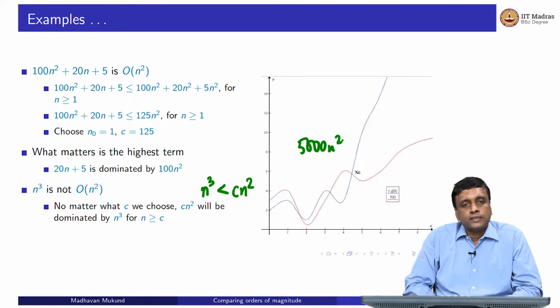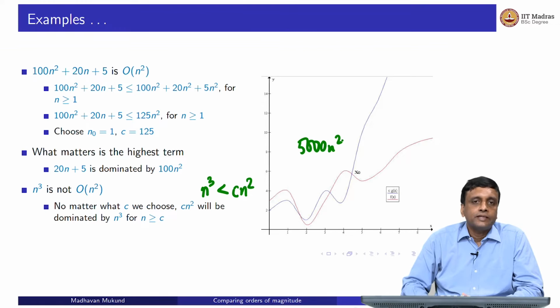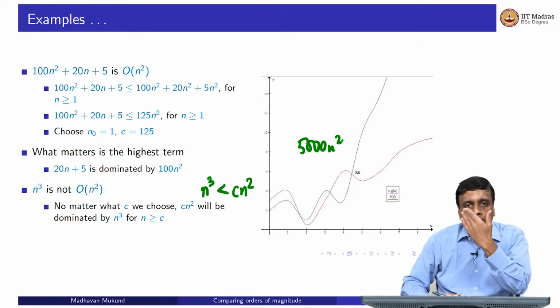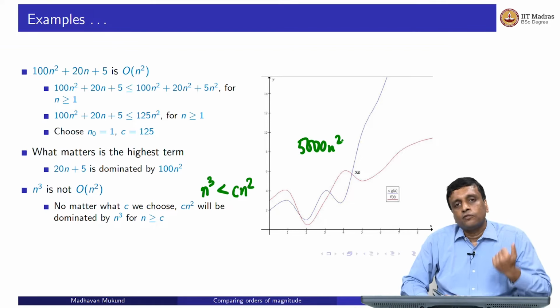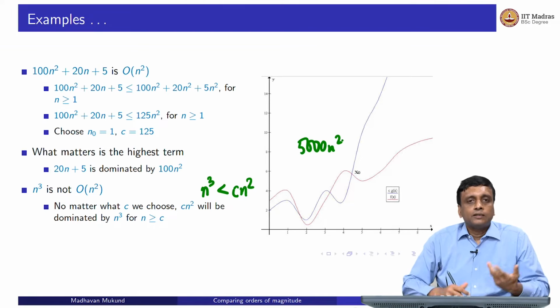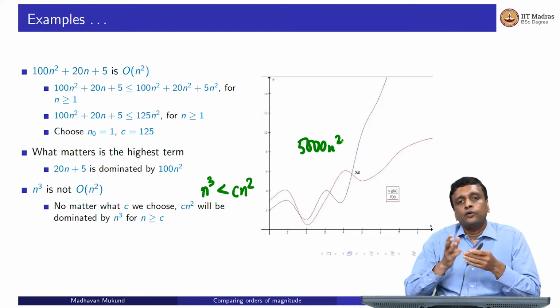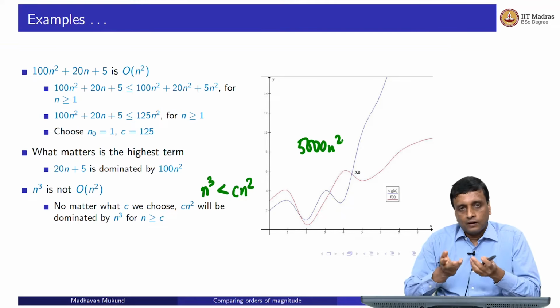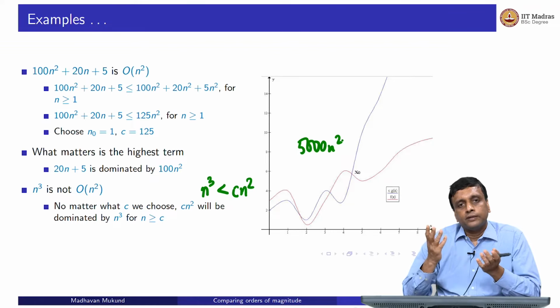Once we cross c, n cubed is going to get higher than c times n squared, no matter what c we choose. So we can never find such a c, and so something with a higher power n cubed can never be big O of something with a smaller power. So the simple rule of thumb is you just look at your function, especially when it has polynomial terms, and you can look at the highest power and decide based on that.